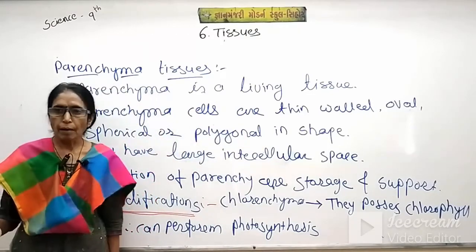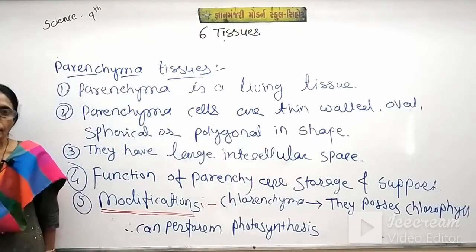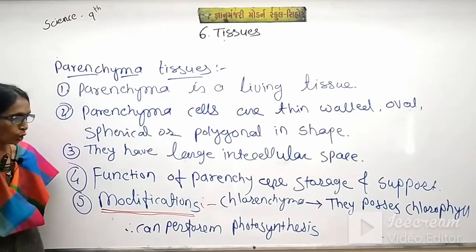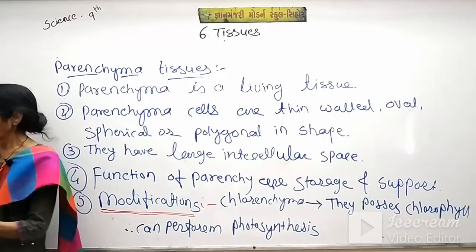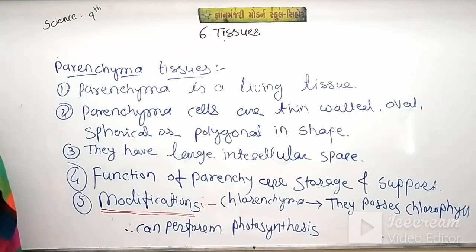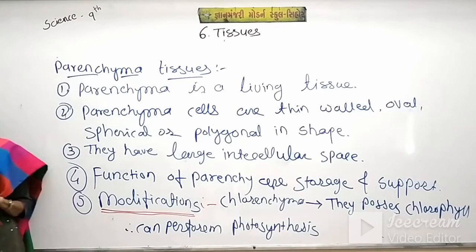So if parenchyma possess chlorophyll, they are called chlorenchyma, and they can perform the function of photosynthesis. Okay. One more is remaining, aerenchyma.